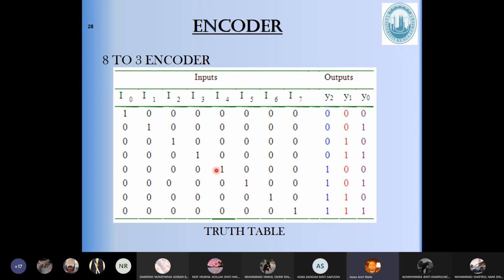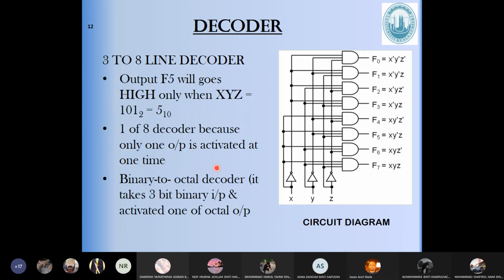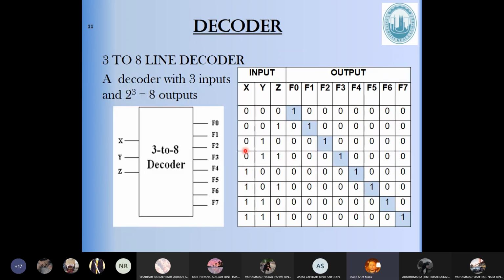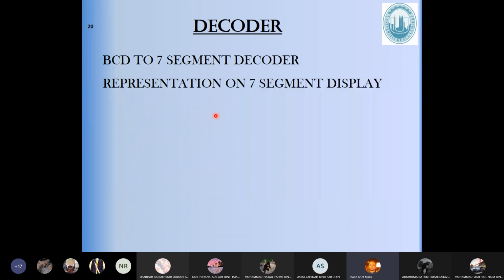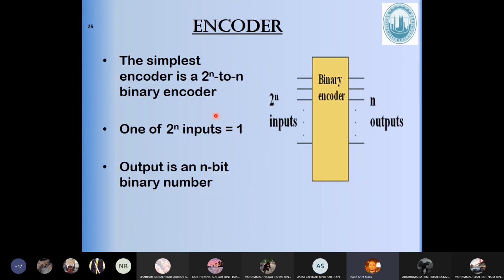So for this 8 to 3 encoder, you compare with the 3 to 8 decoder's table. They are the same thing. Just that XYZ, which was at the back, now becomes the output. F0 until F7 become the input. Put them at the front. That's it. We get the encoder truth table. So it is vice versa.